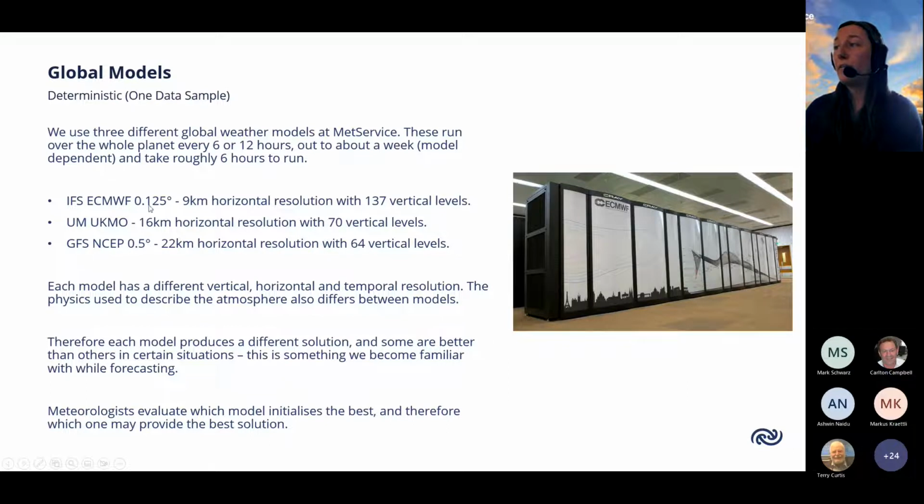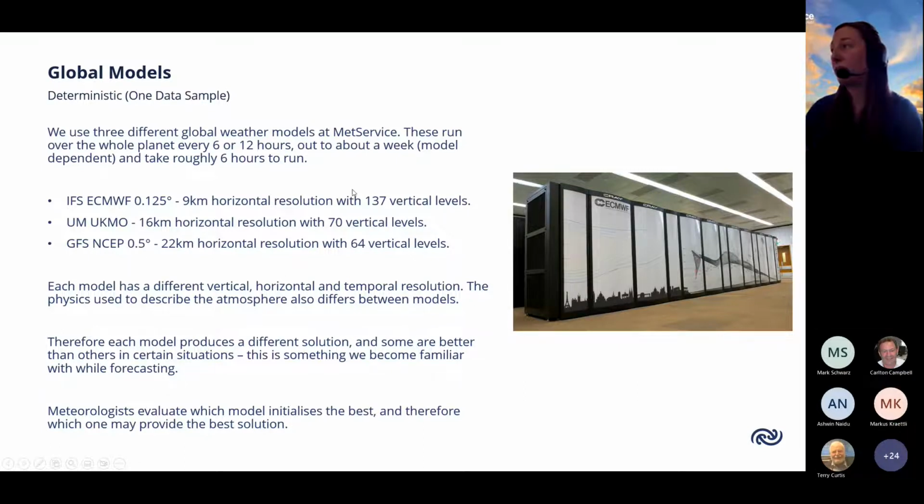These models are usually dependent on latitude, so the horizontal resolution will change depending where in the world you are looking at it from. For the likes of New Zealand, the EC has about a 9-kilometre horizontal resolution. The UK is slightly coarser at 16, and the GFS coarser again at 22.